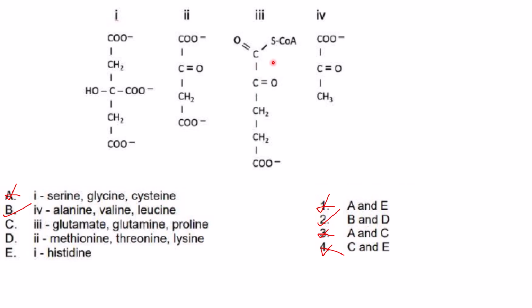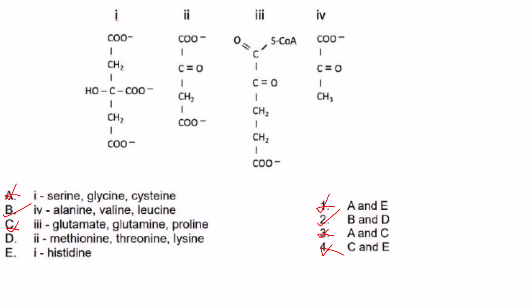So this molecule must be glutaryl CoA. And if it is glutaryl CoA, then it is involved in the breakdown of amino acids like lysine, hydroxylysine and tryptophan. So it is not involved in any biosynthesis activity. So that makes option 3 also wrong.